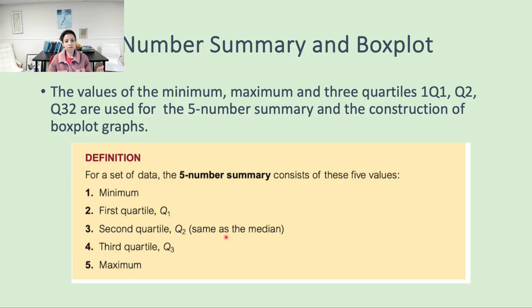We give the minimum value, the first quartile value, the second quartile value, which is the same as the median, the third quartile value, and the maximum. Now, instead of just looking at 5 numbers, we can actually construct a diagram, a graph called a box plot. But first, let's see how we get those 5 numbers.